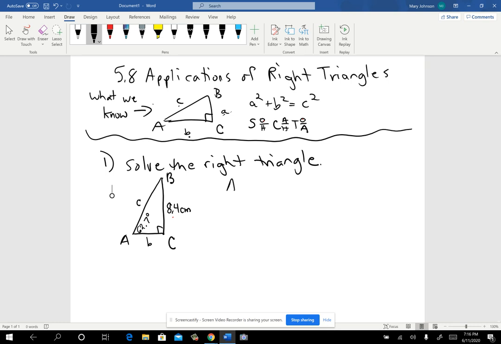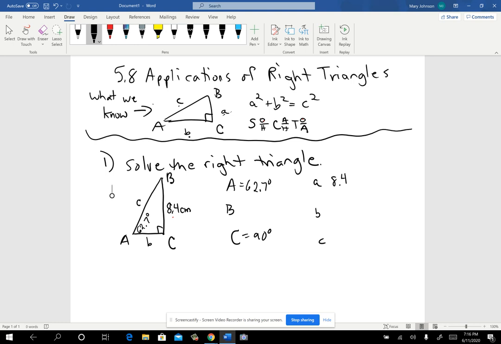I usually think of it as the angles and then the sides opposite each of those angles. I know the 62.7 and the 8.4, and I know C is 90, and then I just need to find all the missing pieces.